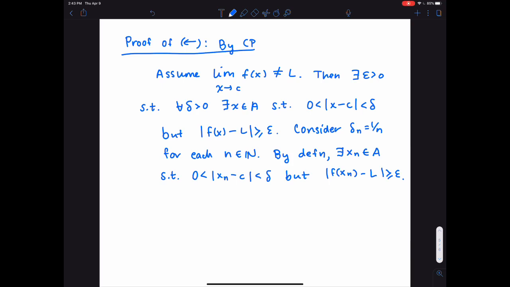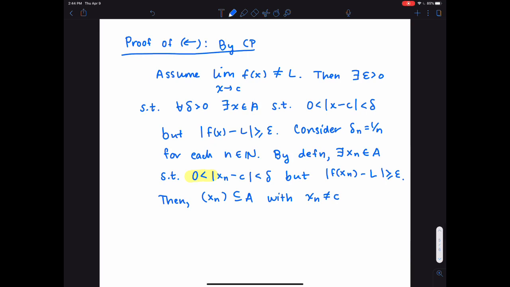Now, I need to prove that xn is converging to c, and then I need to prove that f of xn is not converging to L. So what we have here is a sequence of values that we have collected. It is from A. The reason I know xn is not equal to c is because of this strictly greater than 0 part of my inequality.